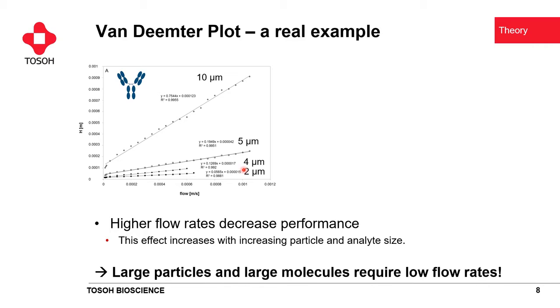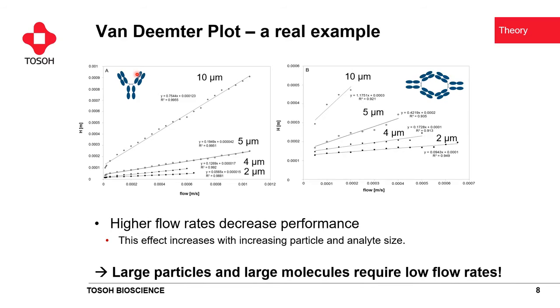Secondly, something that is very important for size exclusion chromatography, as we don't have an adsorption to the stationary phase, but actually what we use is the diffusion of the molecules in and out of the pores, is actually the size of the molecule. So here we had a monoclonal antibody, but if we talk about something which is double as big, like the dimer of an antibody, we have a change in diffusion.